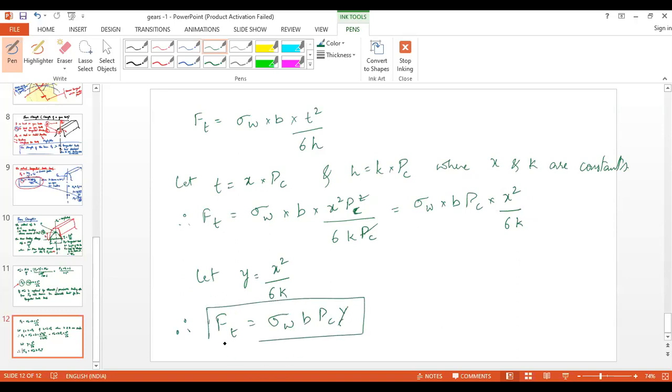And this is known as the Lewis equation. This is the tangential tooth load, or strength of a gear tooth.